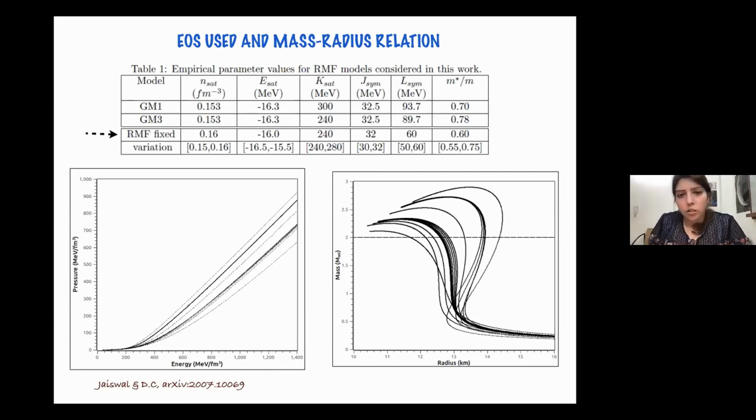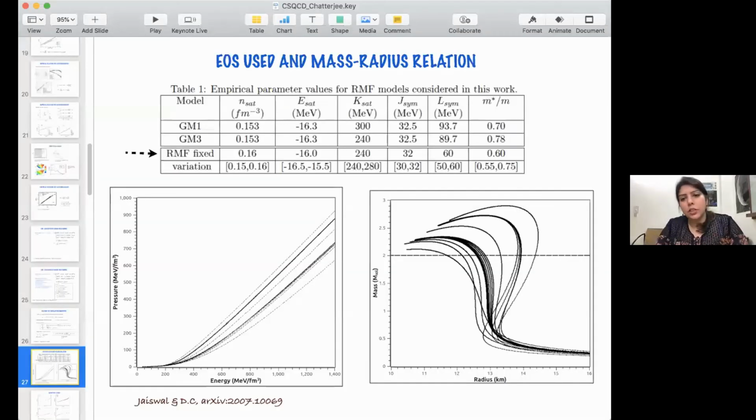They are one point in the entire parameter space. They were only used to compare the F-mode calculations, which are available in some papers in the literature. So we did not consider only the GM1 equation of state; it was only used to calibrate the F-mode calculations.